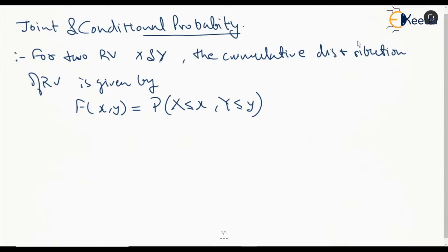And if we have probability for a1, you can take a1 or less than, that is also fine. This is for x, and similarly you have a2.